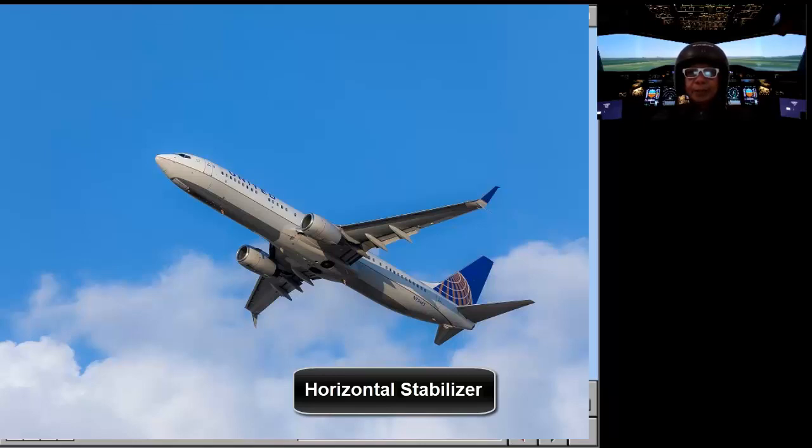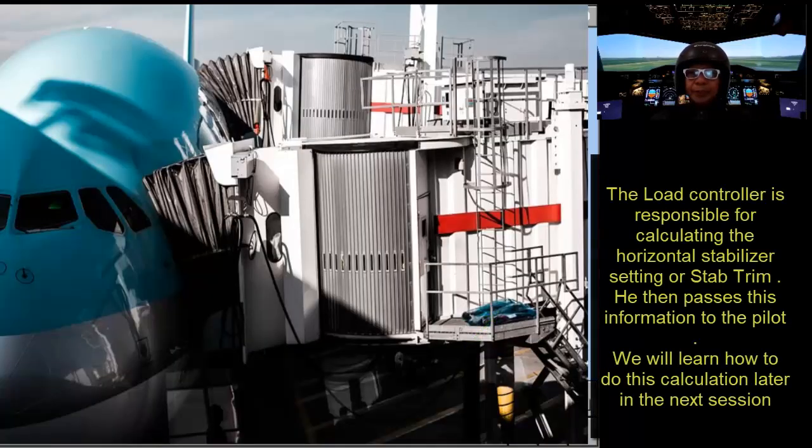This is where the horizontal stabilizer is. The horizontal stabilizer can be adjusted by the pilot to correct any imbalance. The load controller is responsible for calculating the horizontal stabilizer setting or stab trim. He then passes this information to the pilot. You will learn how to do this calculation later in the course.